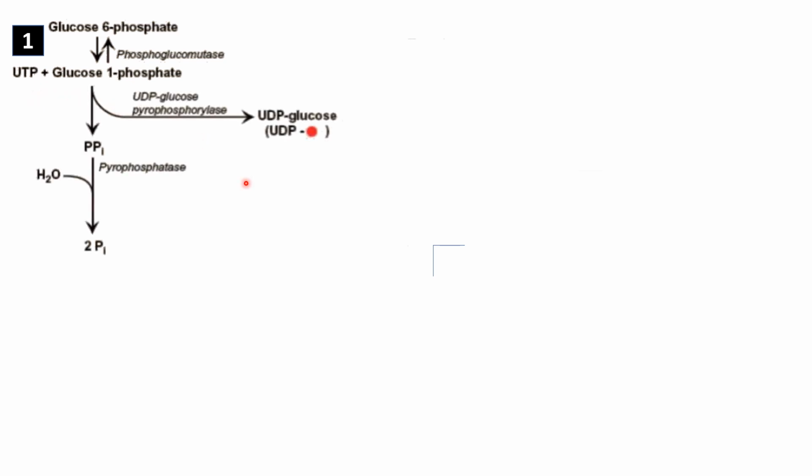من ضمن هذا التفاعل the reaction between UTP uridine triphosphate and glucose 1-phosphate will result in the production of UDP glucose. This reaction is catalyzed by UDP glucose pyrophosphorylase uridine diphosphate glucose pyrophosphorylase اللي هو ذكرناه بالخطوة الأولى لتكوين الجلايكوجين في السلايد السابق.